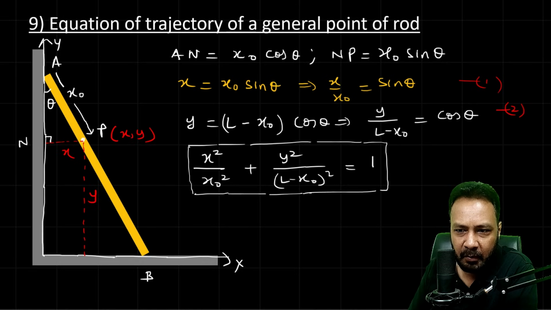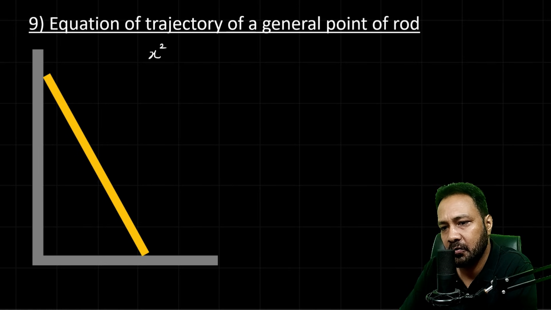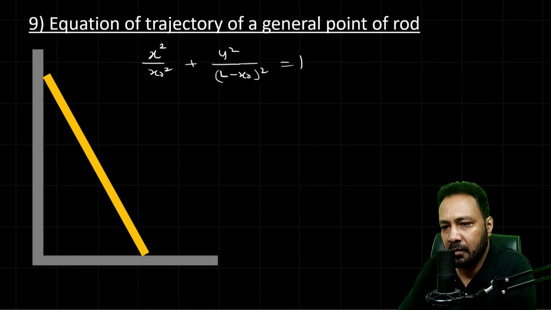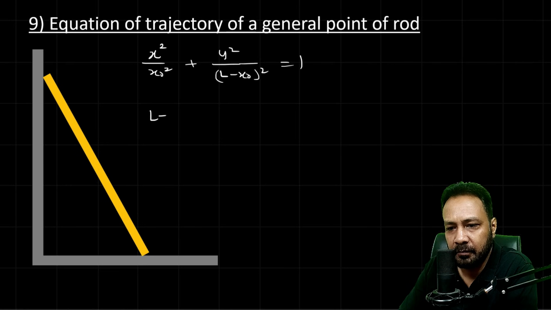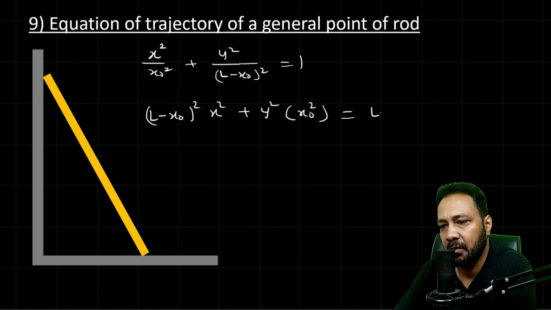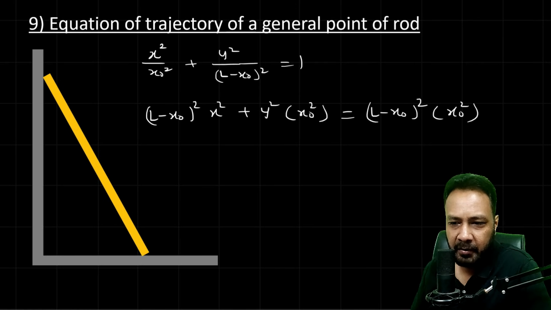Let me further simplify this also. So I got x square by x naught square plus y square by L minus x naught whole square equal to 1, and that could be reduced to L minus x naught whole square into x square plus y square into x naught square is equal to L minus x naught whole square into x naught square. I want to avoid the indeterminate form.